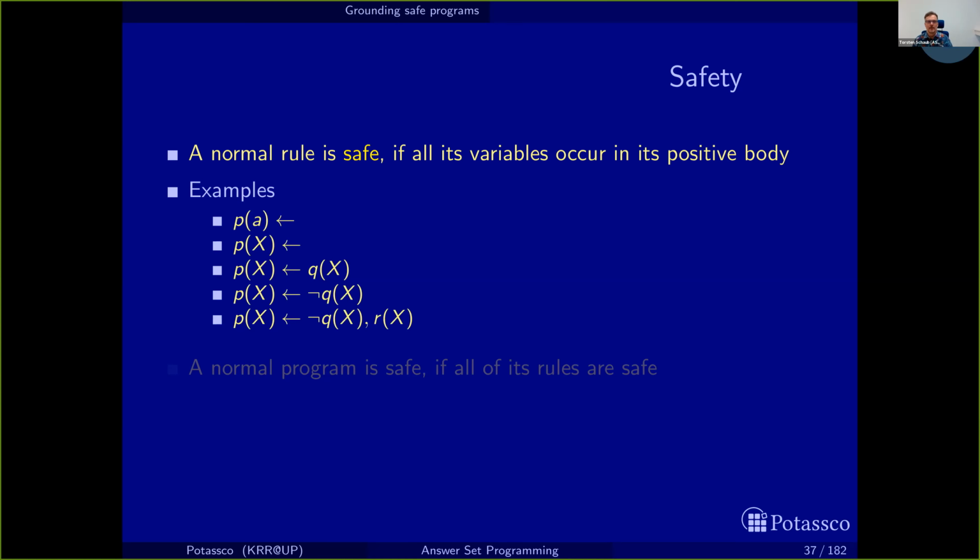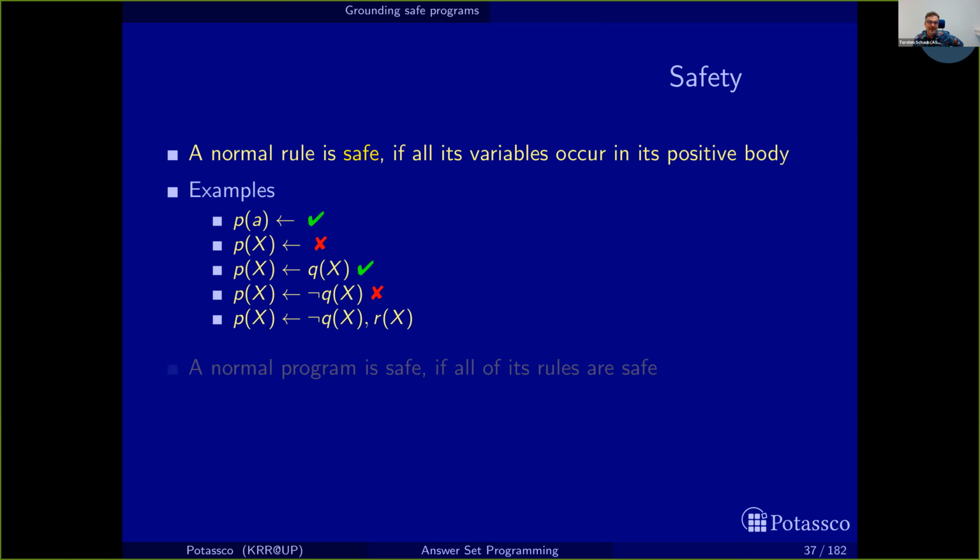Let's just do some checks. The first rule has no variable, so it is trivially safe. In the second rule there is a variable x, but it does not occur in a positive body literal, so it is unsafe; you can't write that if you want a safe program. In the third, the variable x occurs in a positive body literal, so that's safe.